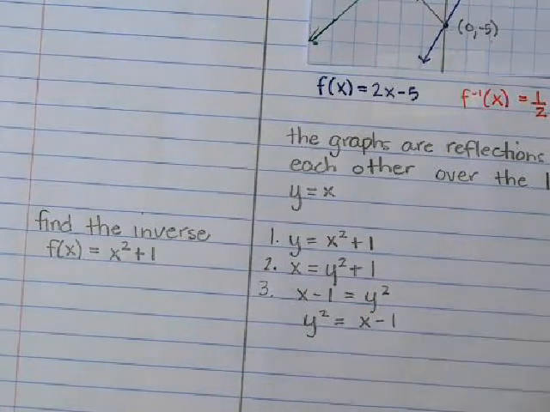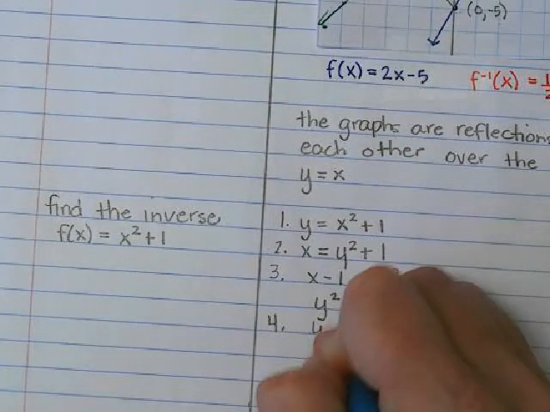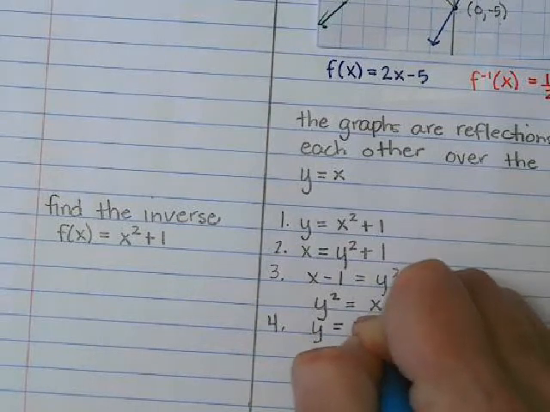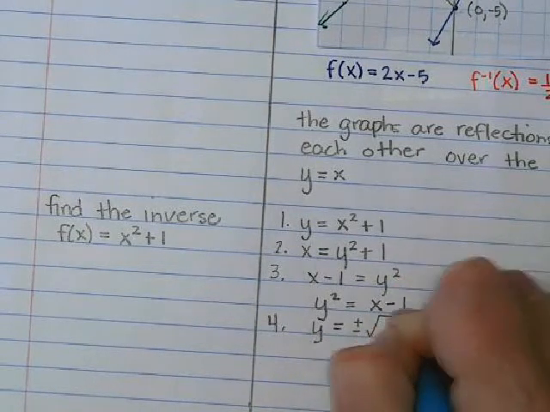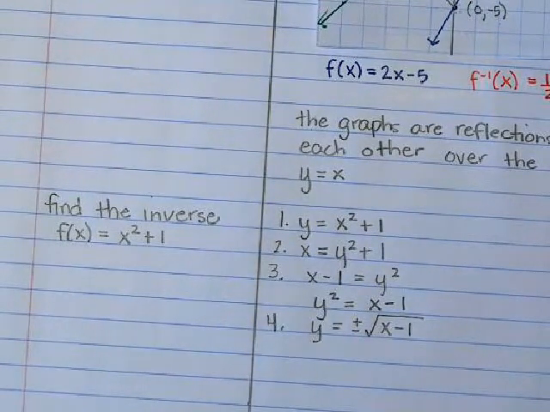Okay, here's where you have to be careful because we have a y squared. And we remember that whenever we go from a squared term down to a linear term, we have to put the plus or minus. So y is plus or minus the square root. And we would see that this is not a function.